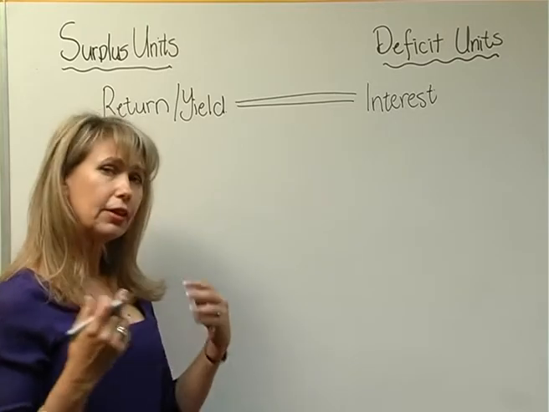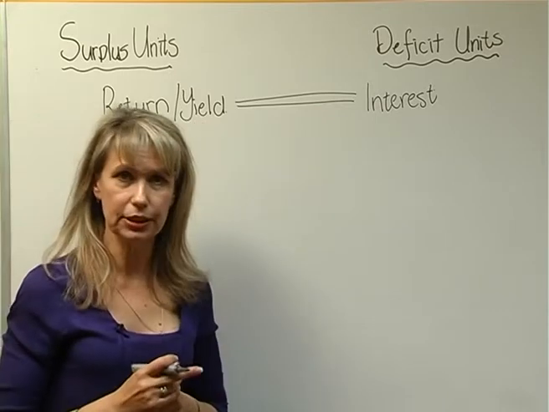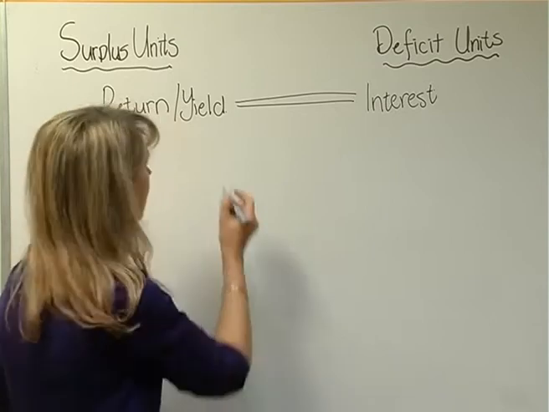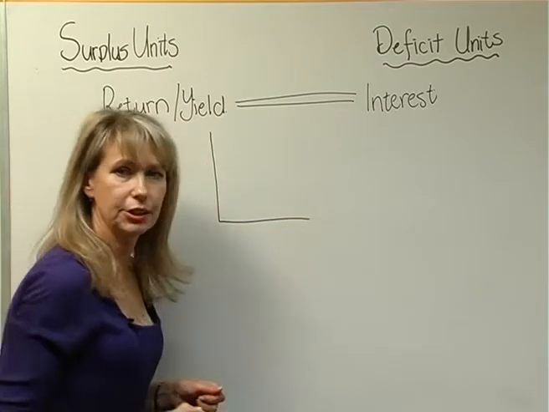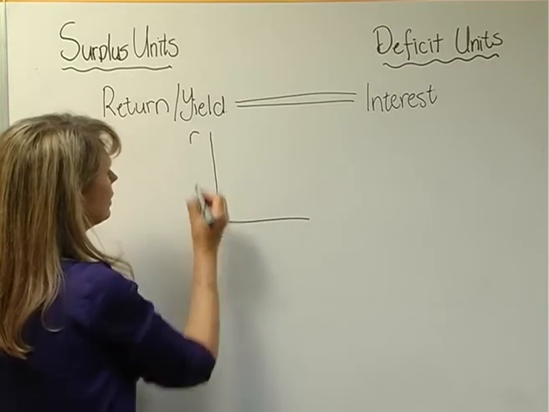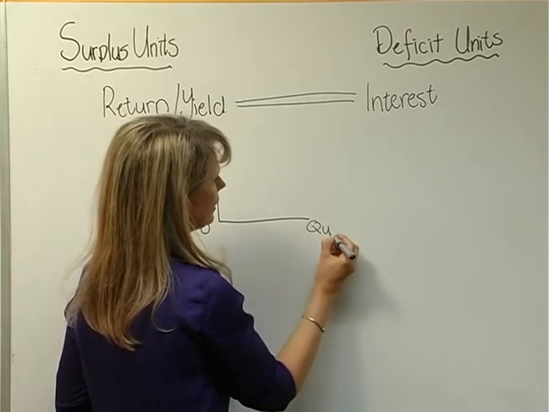Right. Now there are different theories about what determines this interest rate, and you will remember some of them from your first year studies. One such theory is the loanable funds theory. We can draw it on a diagram where we have the interest rate here and the quantity of funds here.